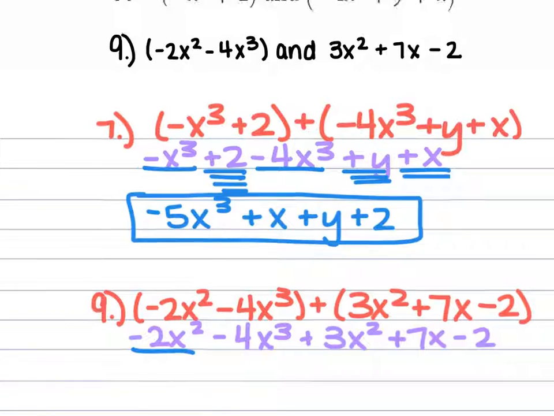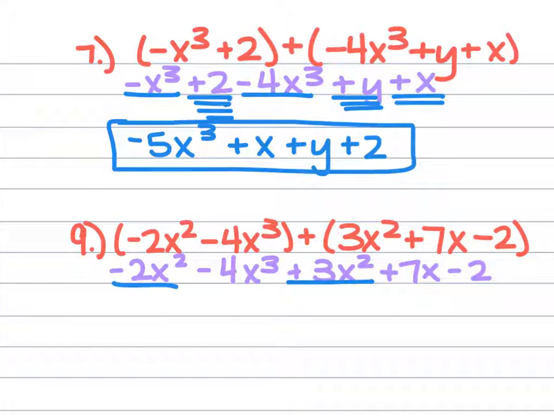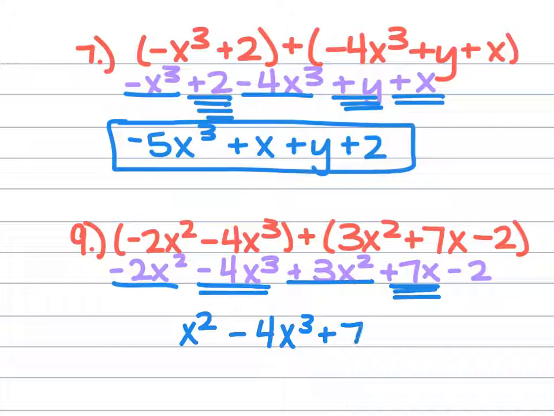So the negative 2x squared matches with the 3x squared, so negative 2x squared plus 3x squared is just x squared. Then the negative 4x cubed doesn't match up with another x cubed, so it's going to just be minus 4x cubed. And then that 7x doesn't match up with another x, so just write it down. And that minus 2 doesn't match up with another constant, so write that down.